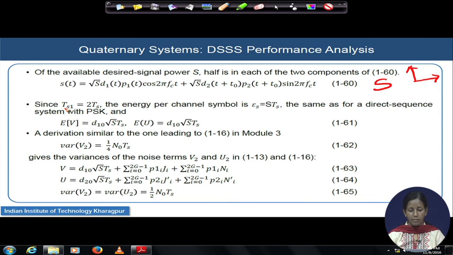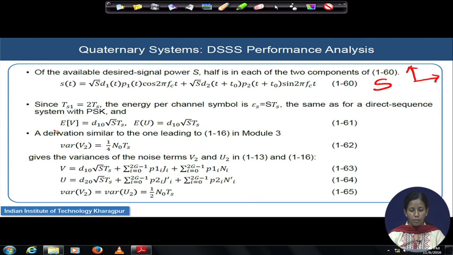And we understand that Ts1 is the total channel symbol period, which is equal to twice the symbol period, and the energy per channel symbol will be given by capital S into Ts, because each of them is getting S by 2, and hence for the channel symbol you will be getting S by Ts.